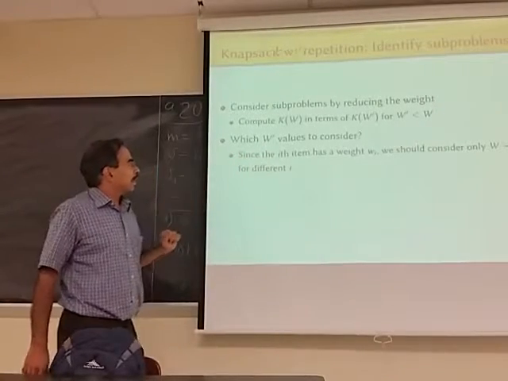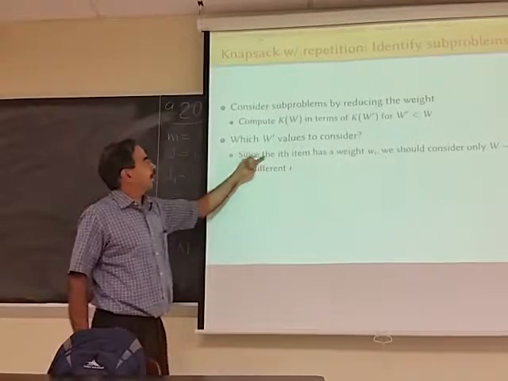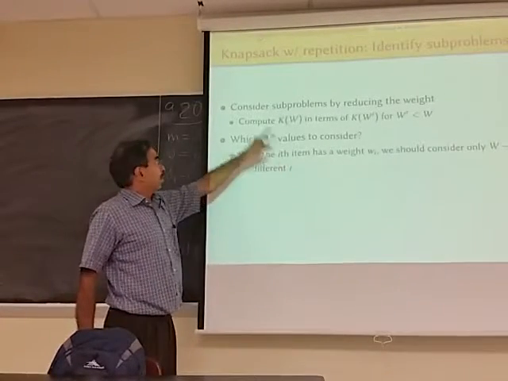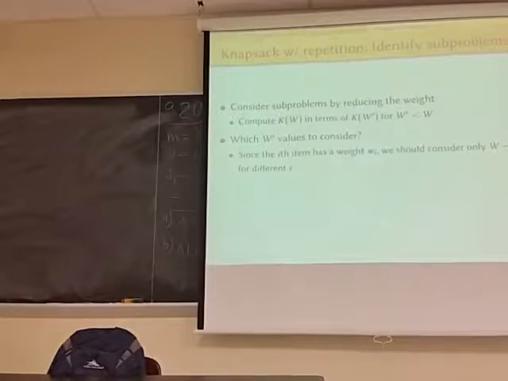So which w prime to consider? Well, you can think about it this way. I'm trying to decide whether I want to include item i or not. Notice that this is a knapsack with repetition, so you don't have to worry about whether you already picked i or not. You might have picked i before, you can pick it again.